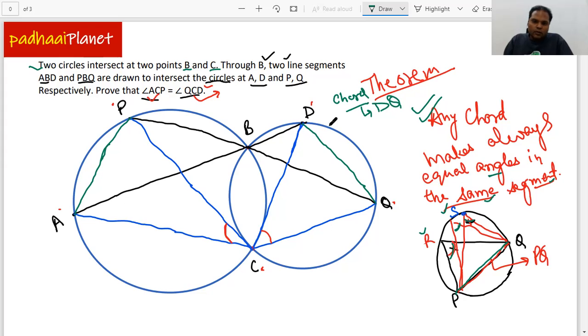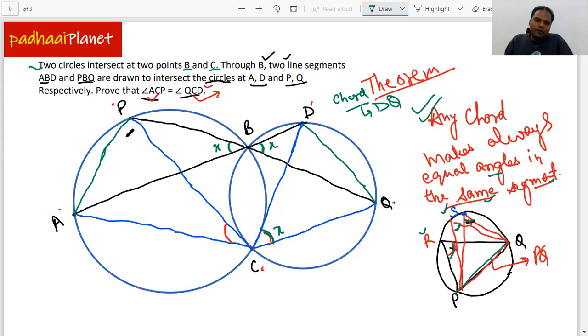This DQ chord is making this angle here, and DQ is also making this angle. That means both of these two angles are equal to each other. So if this is X, then this is also X. And if this is X, then considering vertically opposite angles, even this is going to be X.